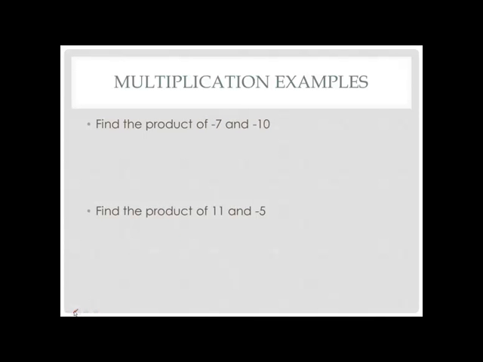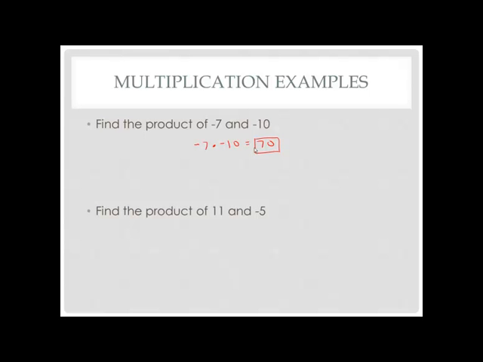Okay, those same rules follow for multiplication. In this case, find the product, which is telling me to multiply, of negative 7 and negative 10. So negative 7 times negative 10. They have the same sign, both are negative, so I will multiply as usual, and my answer will be positive.